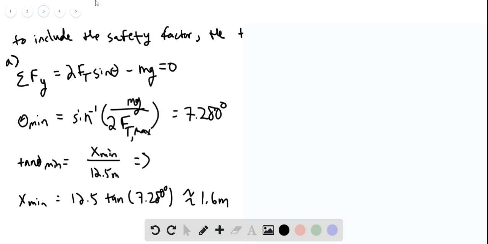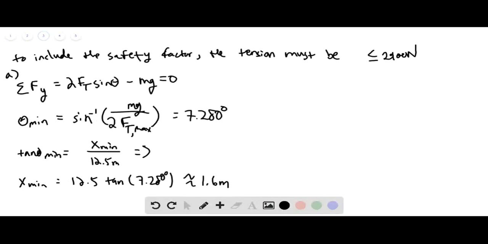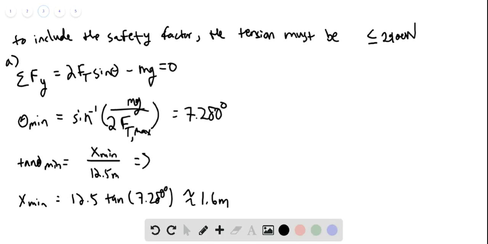So to include the safety factor, the tension must be less than or equal to 2,900 newtons. That is to say, that the tension must be no more than 2,900 newtons.